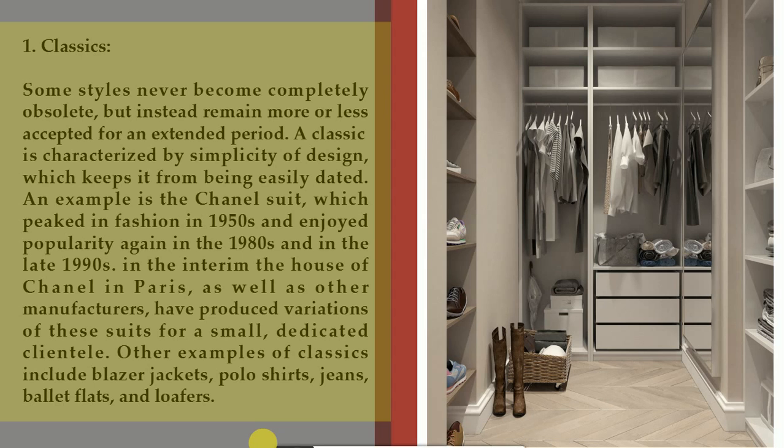In the interim, the House of Chanel in Paris, as well as other manufacturers, have produced variations of these suits for a small, dedicated clientele. Other examples of classics include blazer jackets, polo shirts, jeans, ballet flats, and loafers.